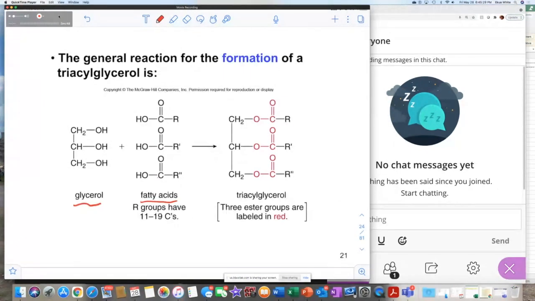The general reaction for the formation of triacylglycerol is the following. You see from our fatty acids that this is just the carboxylic acid flipped over. So this bond has to break here, break here, break here. Once again, that becomes the leaving group. When the leaving group leaves, what comes in the place of the leaving group? Remember, the H separates here, here, and here.